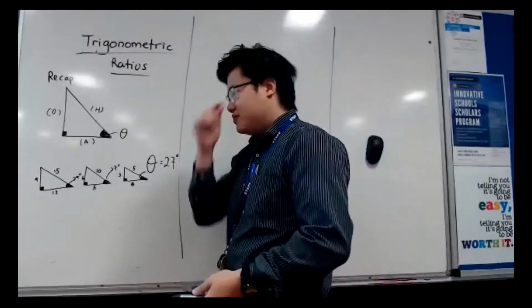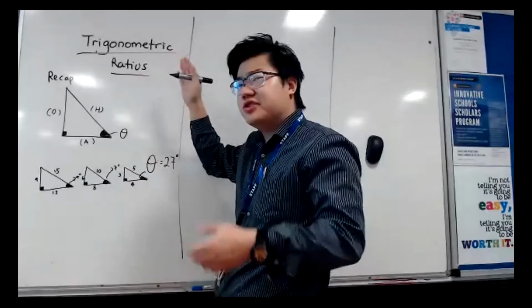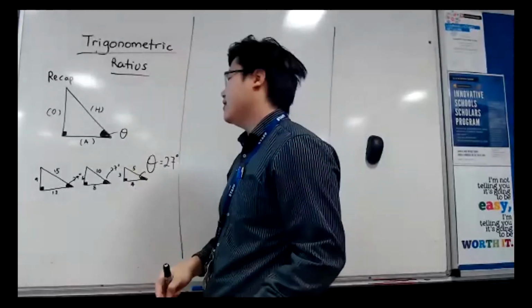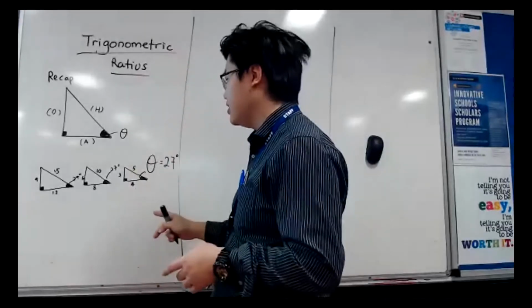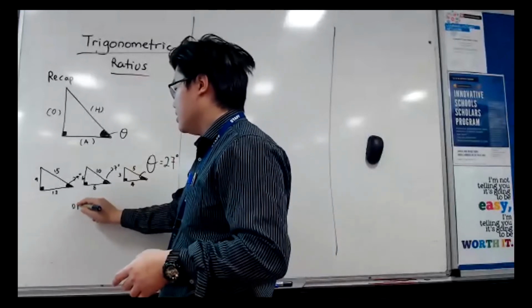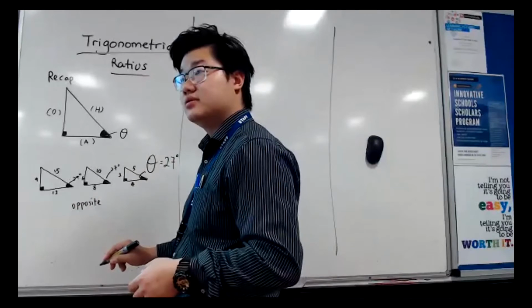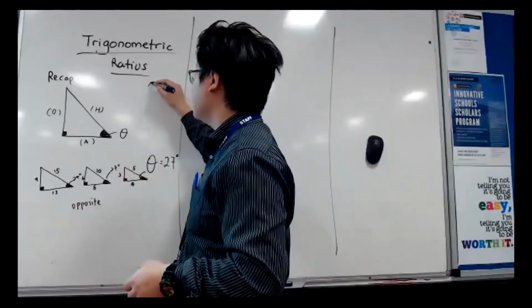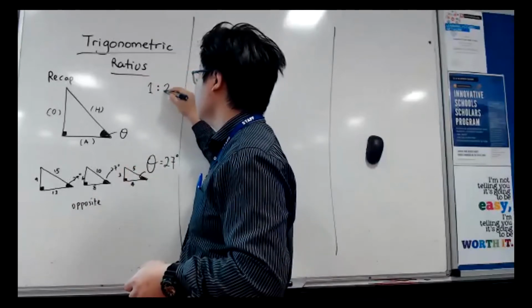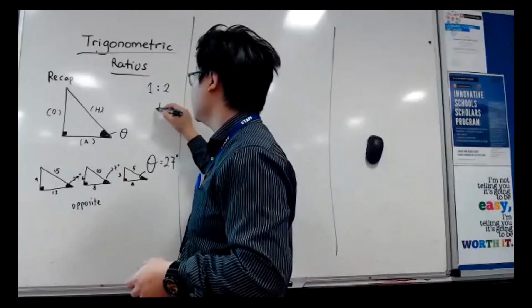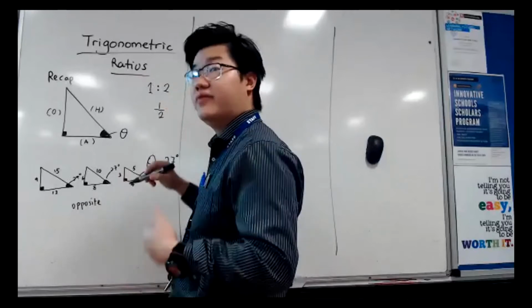So what trigonometric ratios really are is, if you have a look here, the ratio. Do you know what ratio is? If I say the ratio of 1 to 2, it also means 1 over 2, 1 divided by 2.